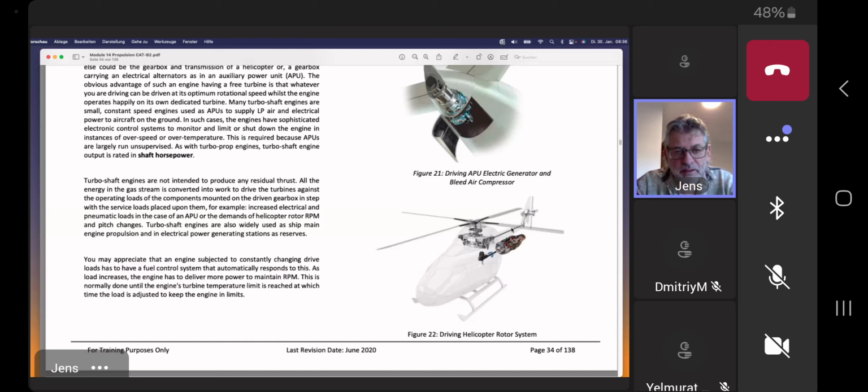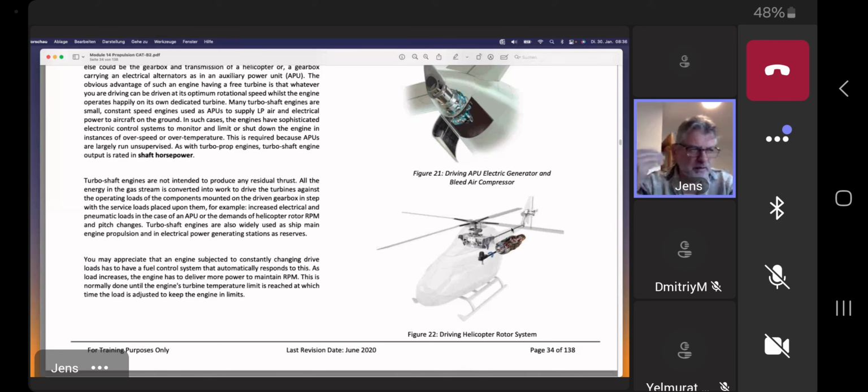That means also that the turbine has to be designed to extract as much energy out of the accelerated gas as possible. And this is the biggest difference to our normal gas turbines producing thrust, where the turbines are designed to extract as much power as necessary to drive our compressors.